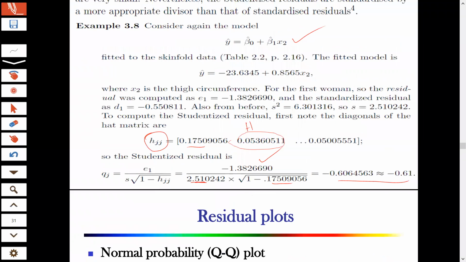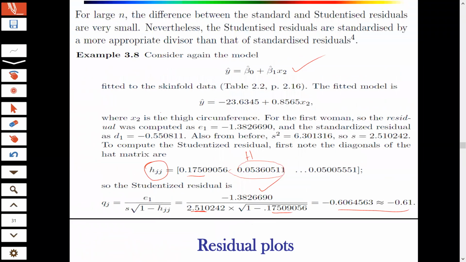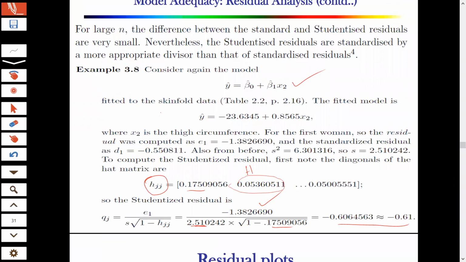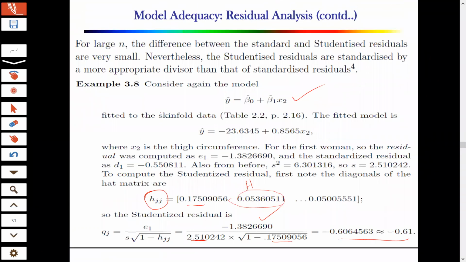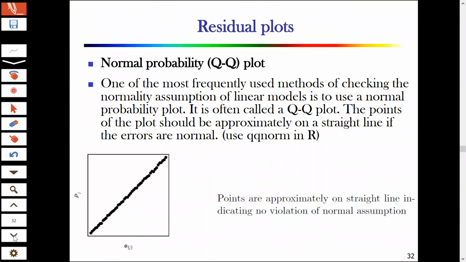Okay, so we have shown here how we can calculate the residuals and standardized residuals. Now, residual plots. As we remember, one of the most frequently used methods of checking the normality assumption of a linear model is to use a normal probability plot. It is often called a QQ plot.